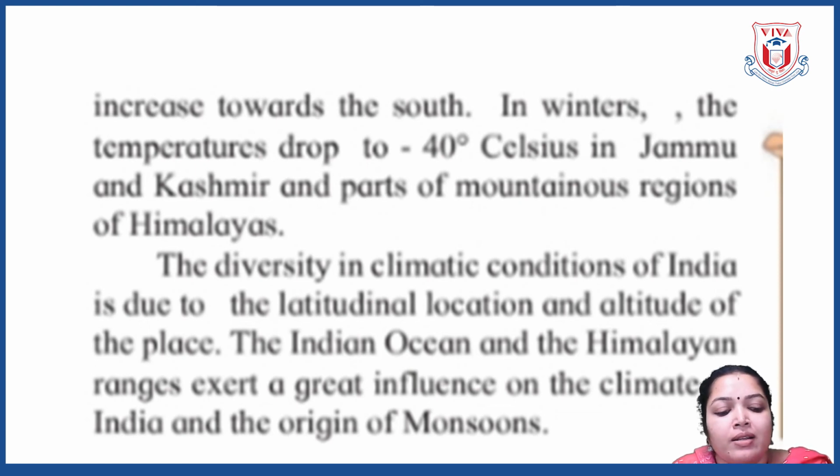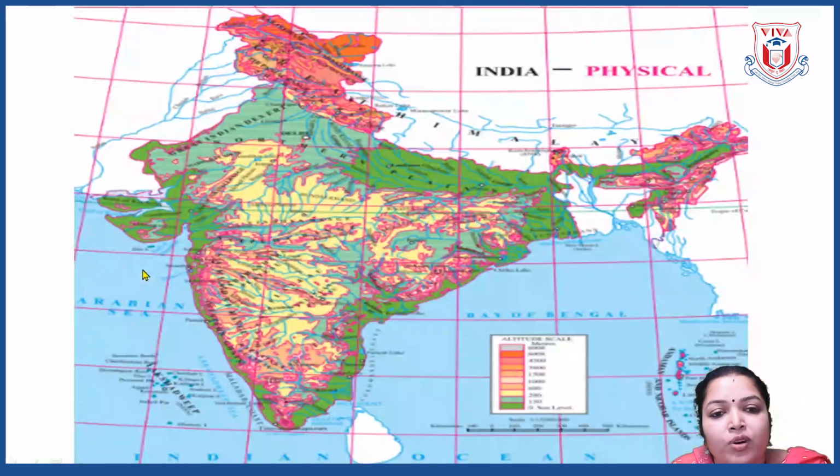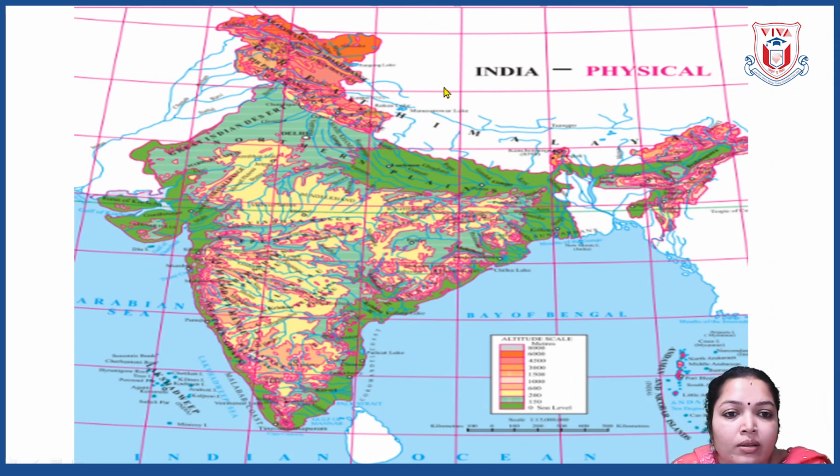But the Himalayas act as a barrier for us. When clouds are brought to India and move further and further, this Himalayan range is here. Again they act as a barrier and don't allow our clouds to cross the Himalayan range to the Tibetan region, meaning these clouds don't pass away from India.